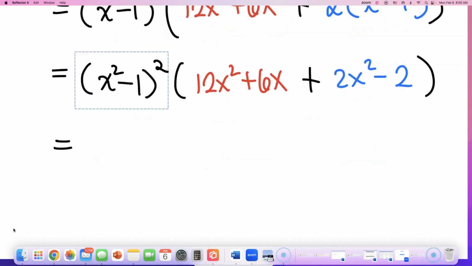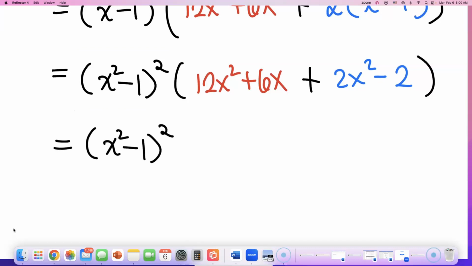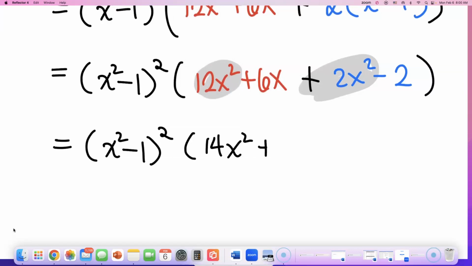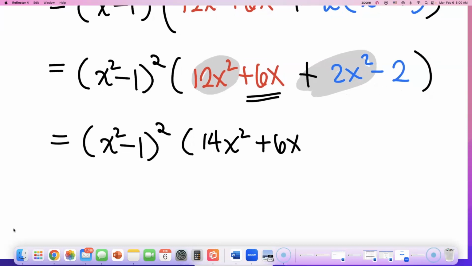I notice there is 12x squared and 2x squared. If you combine them, you get 14x squared, plus 6x, and that minus 2.